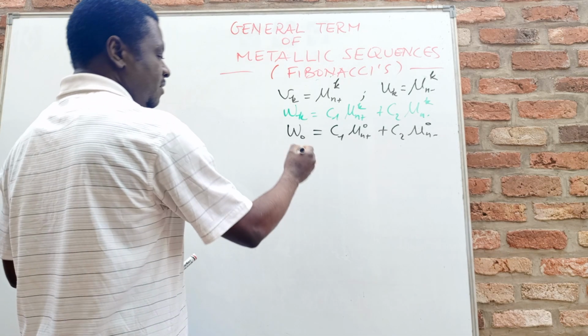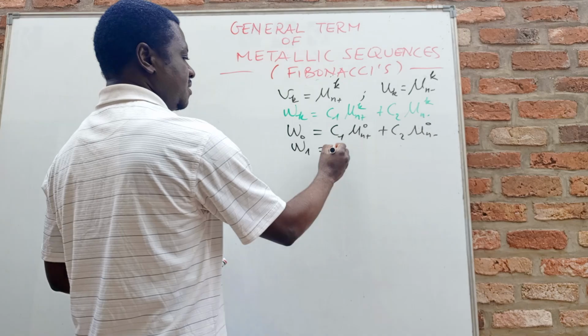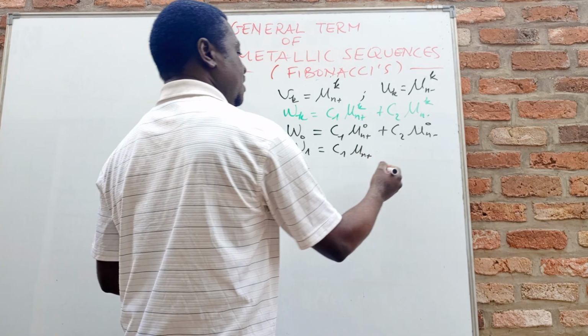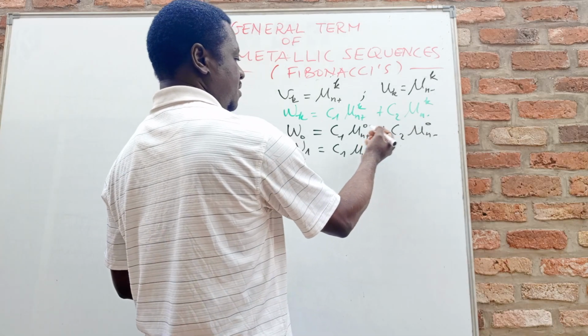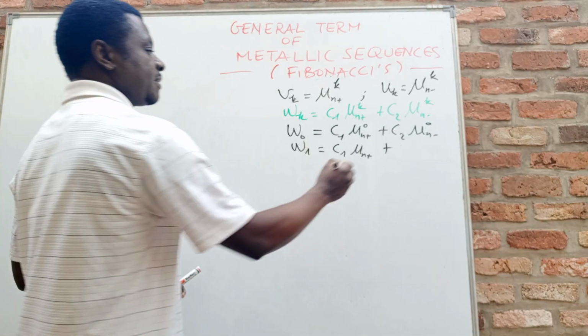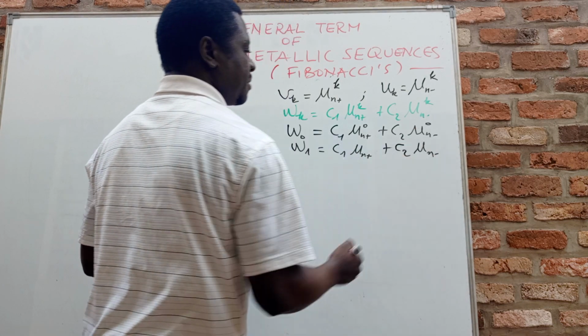Another condition is W1 equals C1 mu n plus power 1 plus C2 mu n minus power 1.